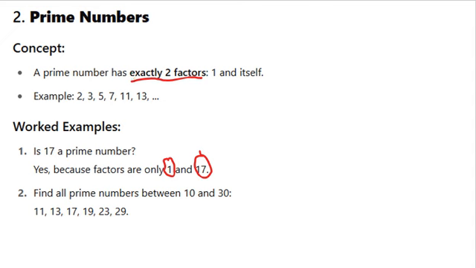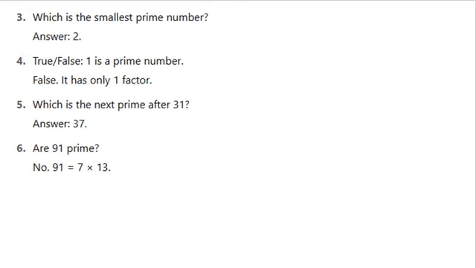It's very important to understand prime numbers so that you have an idea when you get something called prime factorization. So let's go with the examples and proceed. Which is the smallest prime number? The smallest prime number of all time is 2. Why? Go back to the list here.